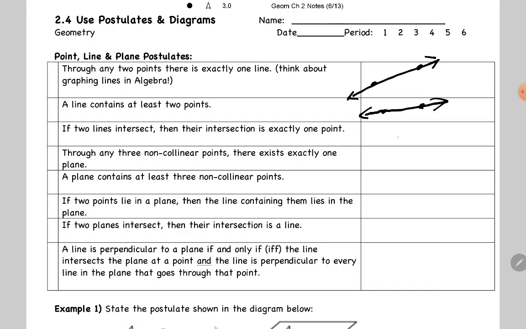If 2 lines intersect, then they intersect at exactly 1 point. Through any 3 non-collinear points, non-collinear, that means they're not on the same line, there exists a plane.